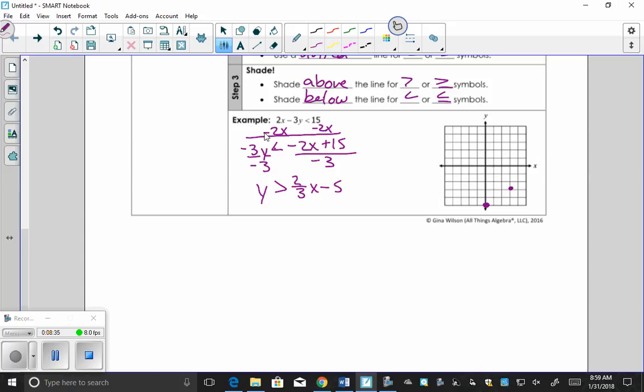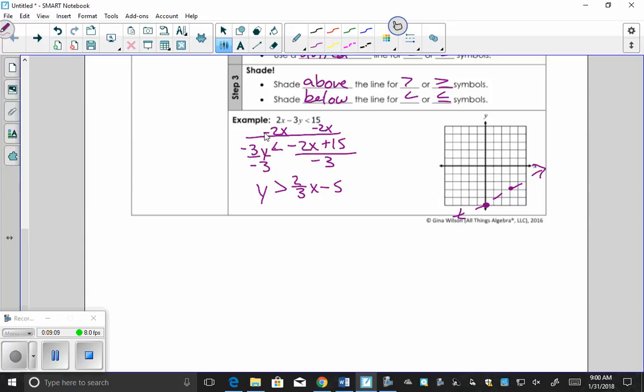Is it solid or dotted? It's dotted. So you are going to connect your points with dashes. Please make sure when you are doing a dashed line, it is easily recognizable. If you put your two dashes close together, it's going to be hard to tell the difference between it and a solid line. Make it noticeable.